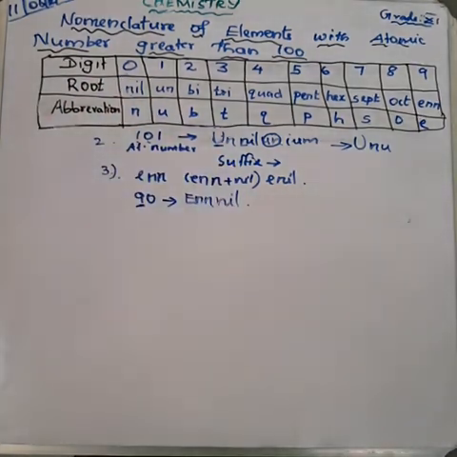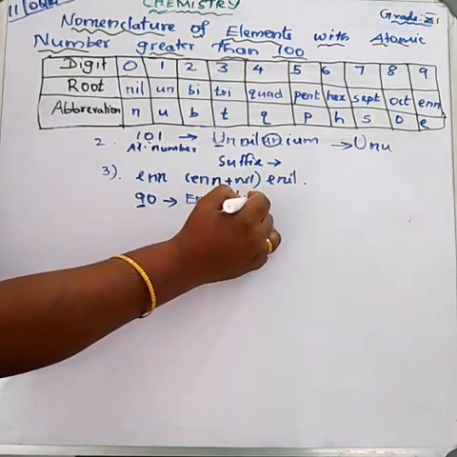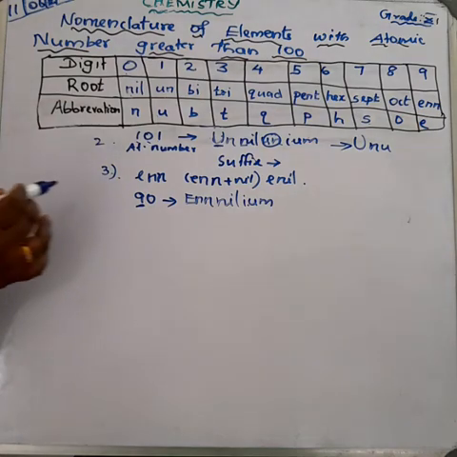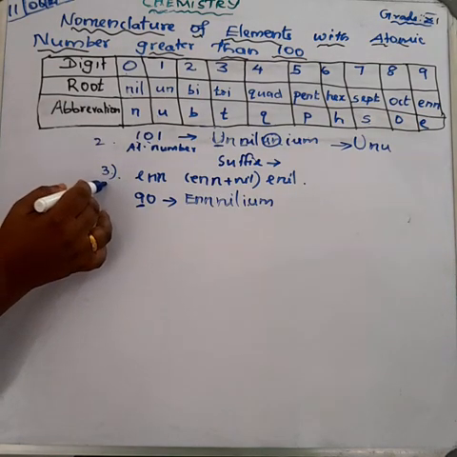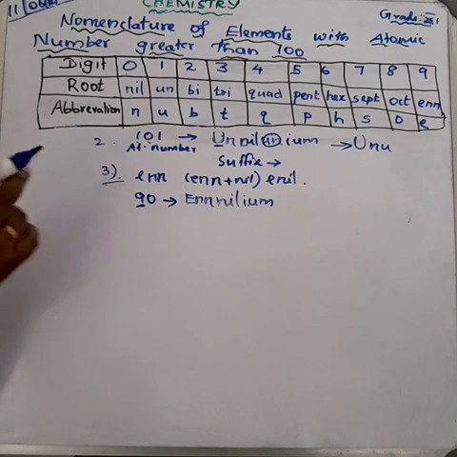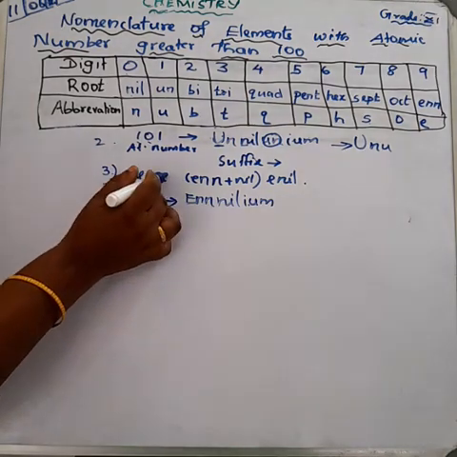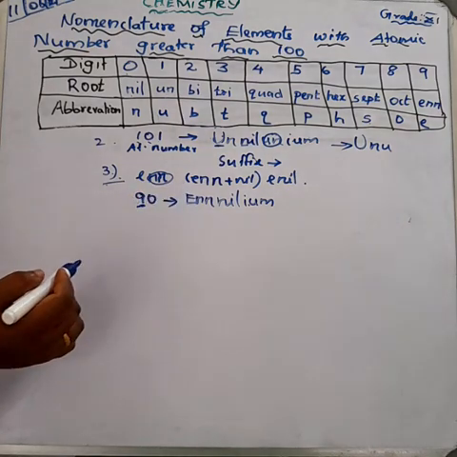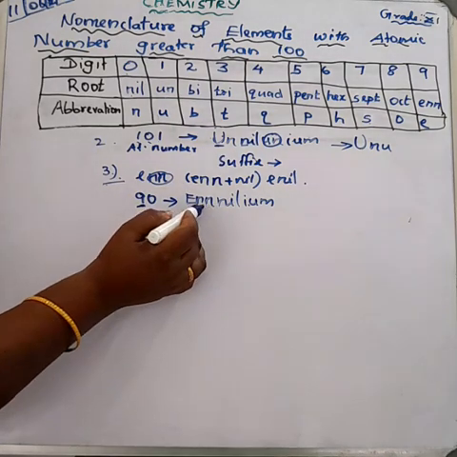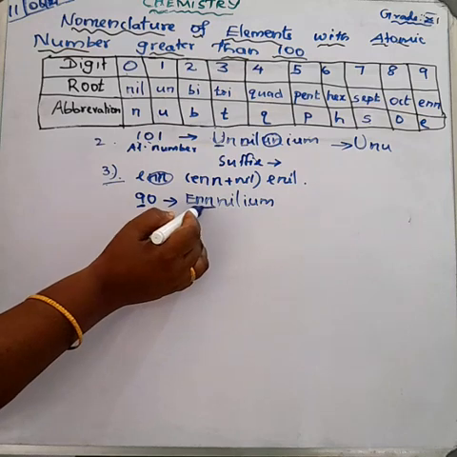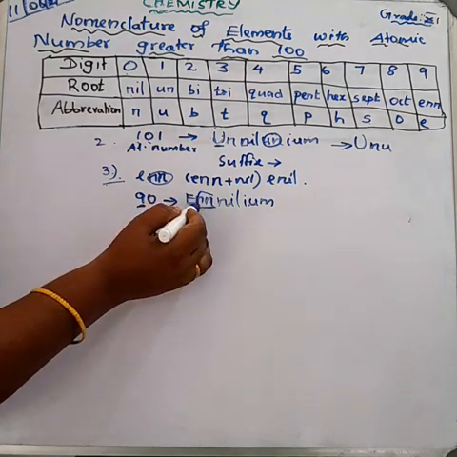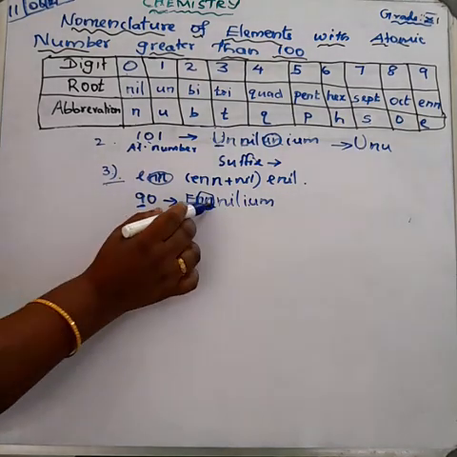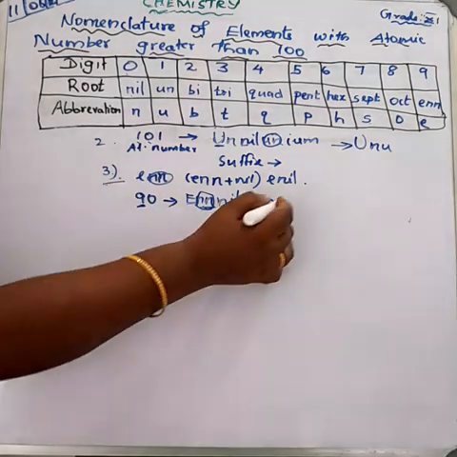And after that, suffix ium. This is the word. But according to the IUPAC rule, how many n's do we have here? Enn, nil. Okay. If nil comes after enn, we can omit one n.